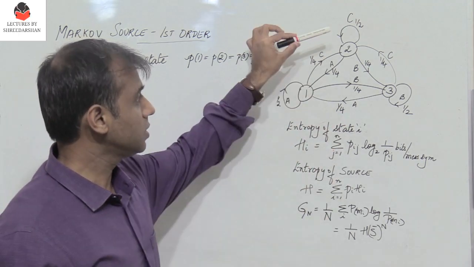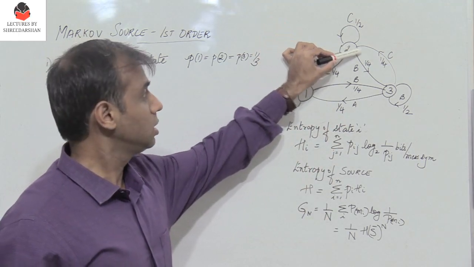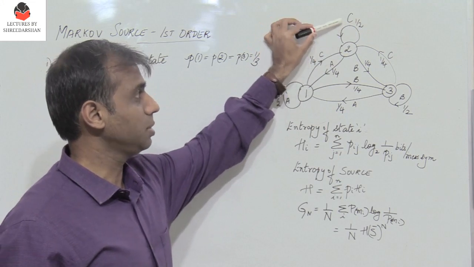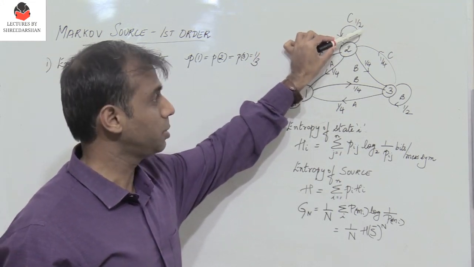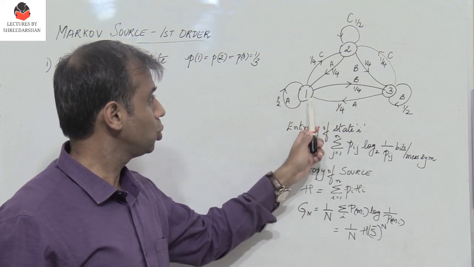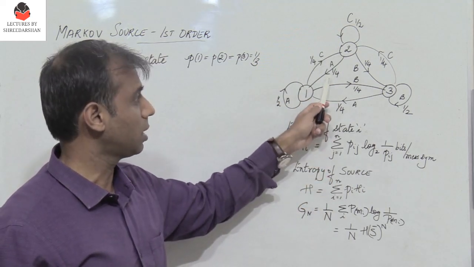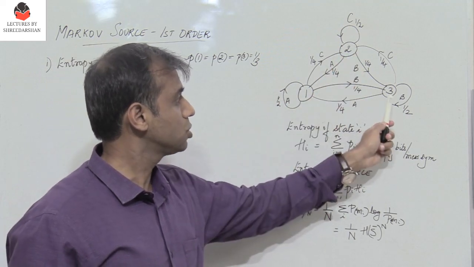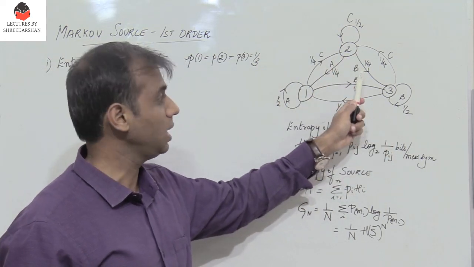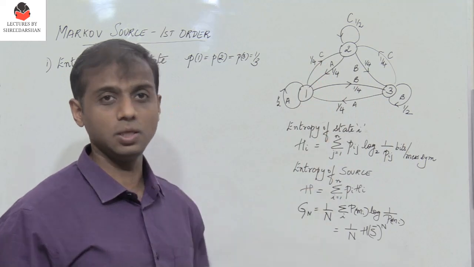Now similarly, if the system is in state 2, it continues to remain in state 2 by emitting the symbol C with probability 1 by 2, goes to 1 by emitting symbol A with a probability 1 by 4, and goes to state 3 by emitting B with a probability 1 by 4.